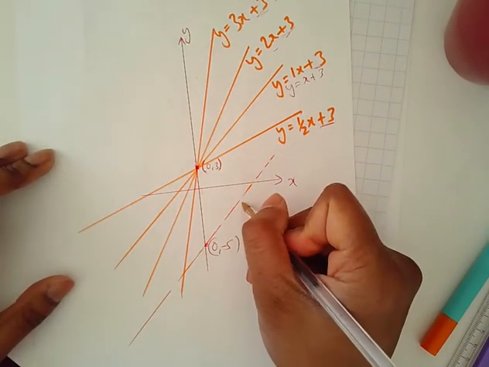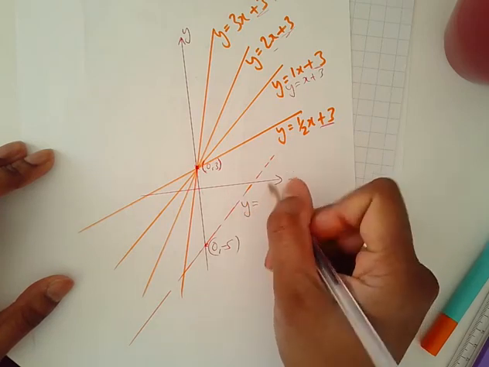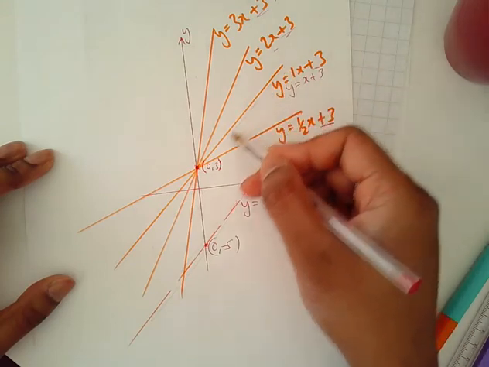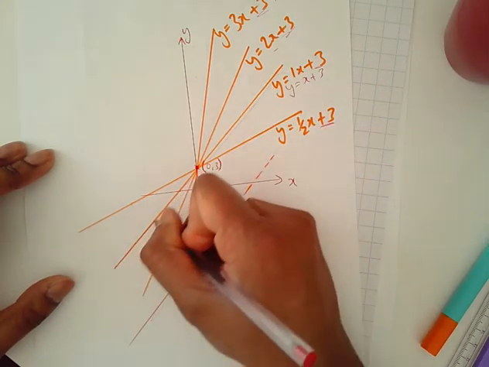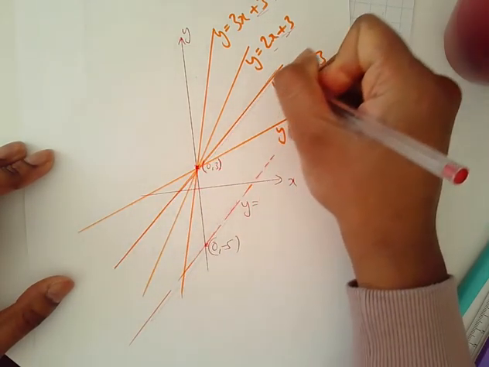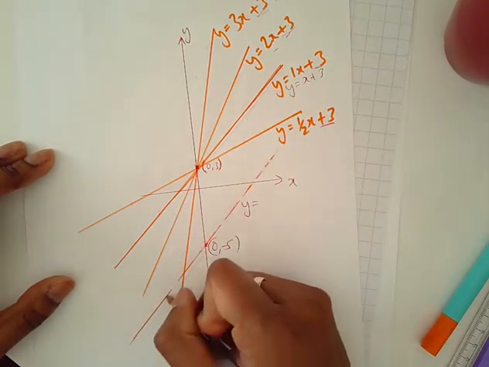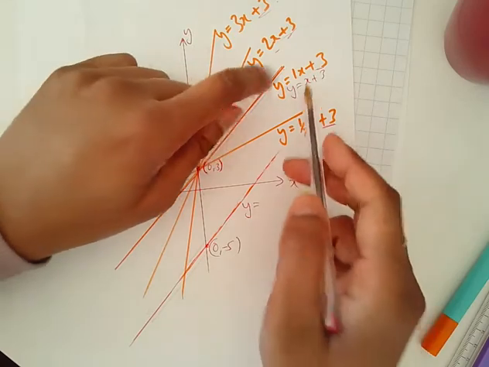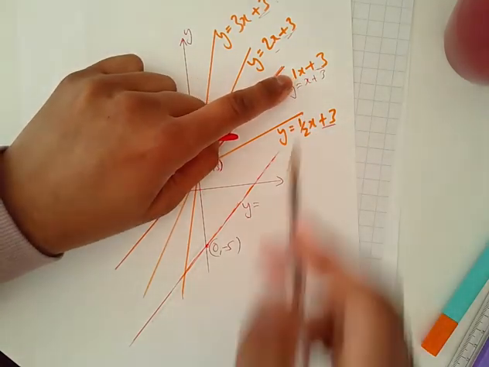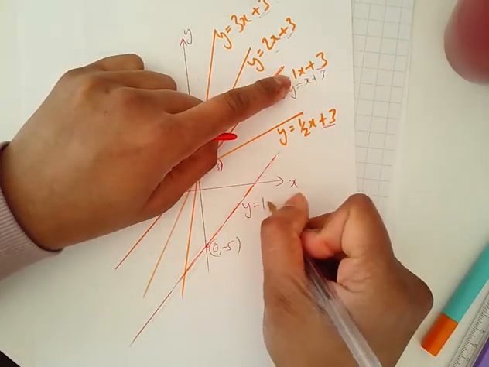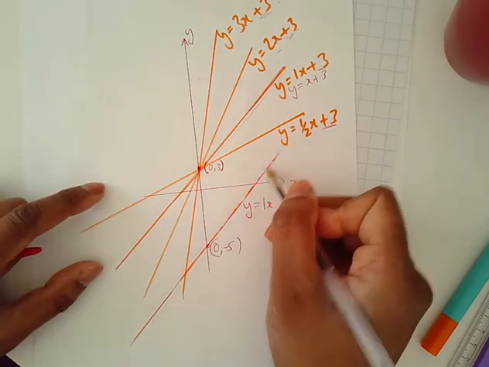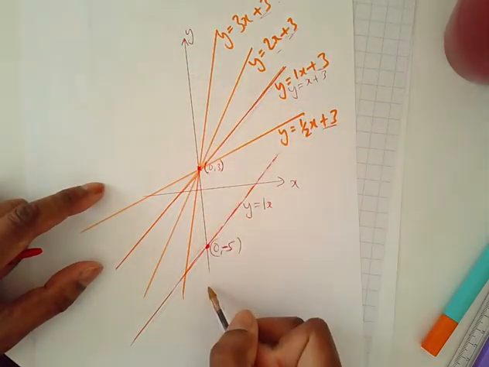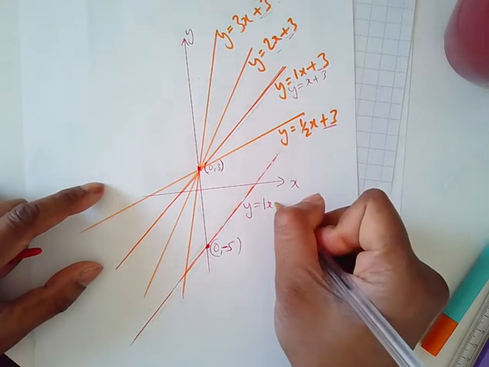Well, let's say y is equal to that one there. See that there? It's got the same steepness as this one. They're parallel. These are running parallel, so it's going to have the same gradient. Let's call it 1x. But because this line is going through minus 5 on the y-axis, I'm going to put minus 5 there.